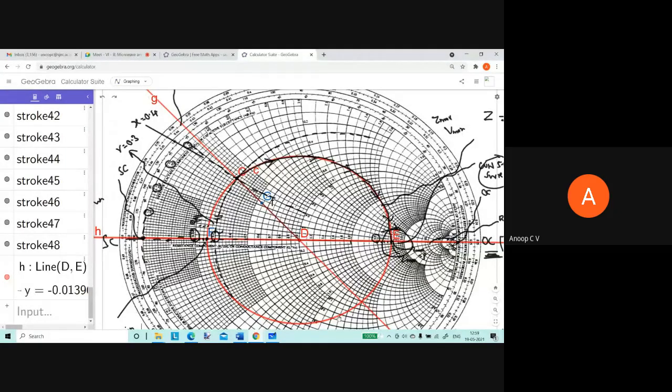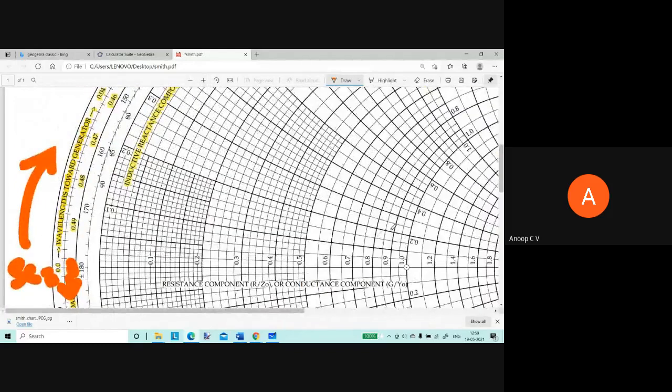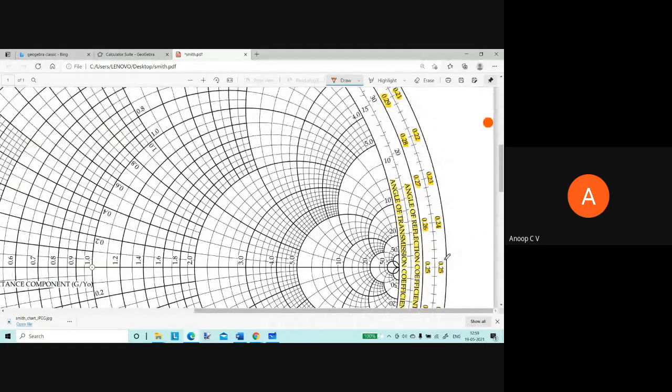You can see that it will be 0.25. At the extreme right point, the distance is halfway through, that is 0.25.